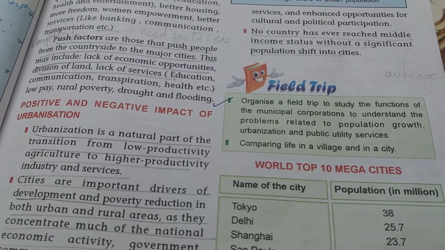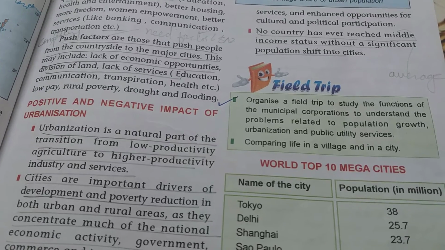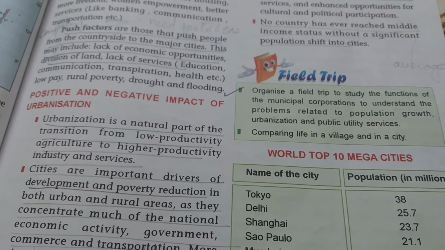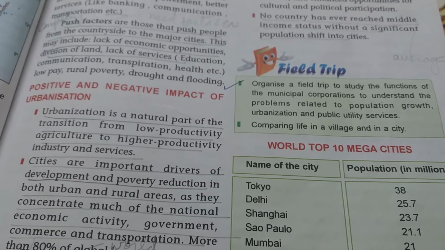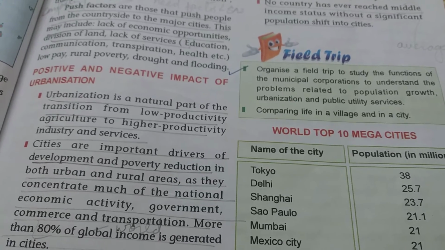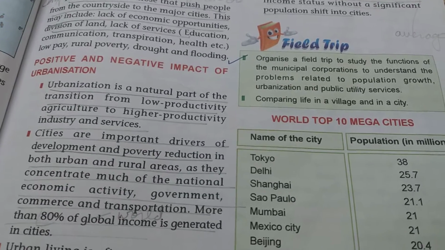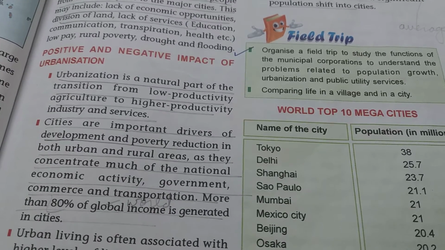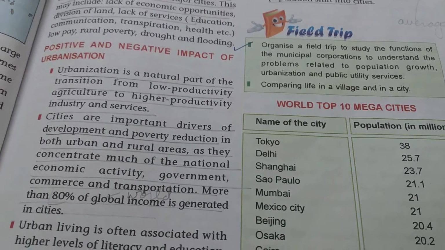Now we come to the positive and negative impact of urbanization. Urbanization is a natural part of the transition from low productivity agriculture to higher productivity industry and services. Cities are important drivers of development and poverty reduction in both urban and rural areas, as they concentrate much of the national economic activity, government, commerce, and transportation.